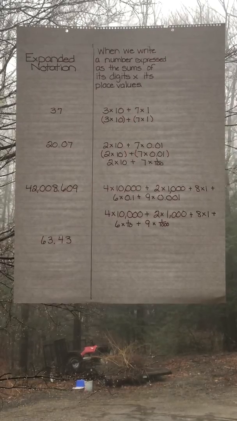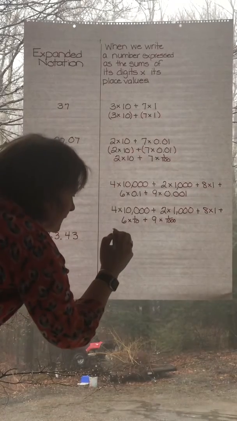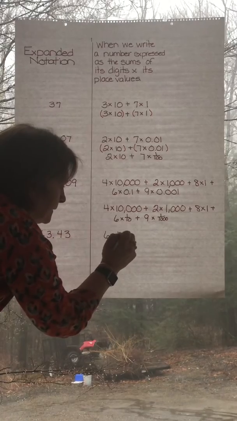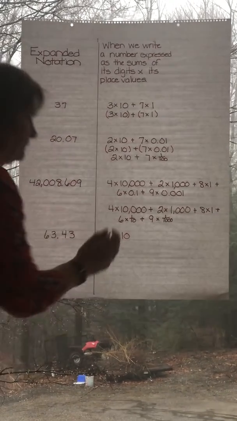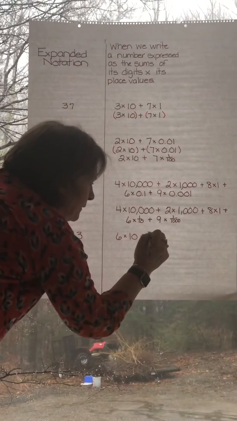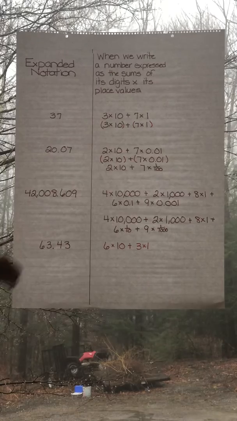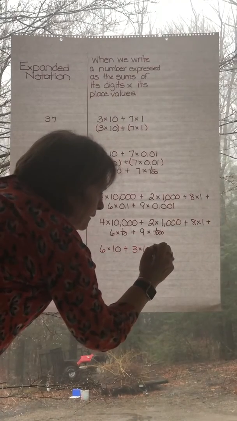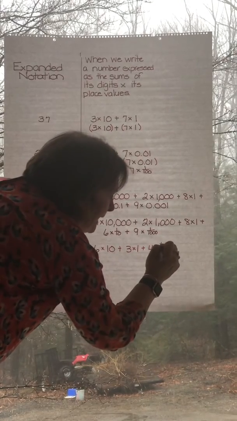Okay, let's try it. 6 times 10, which you know would give us 60, plus 3 times 1, 3 in the ones place, plus 4 times 1/10.